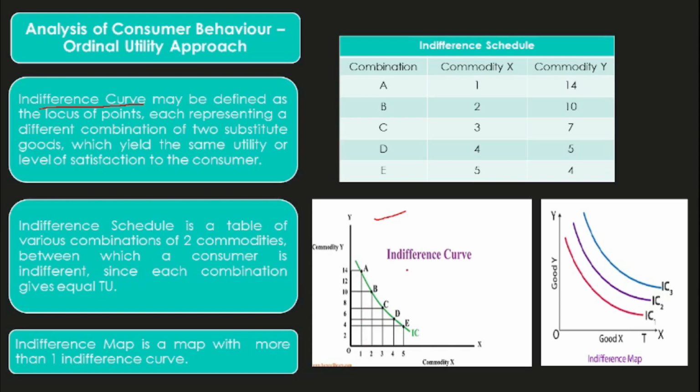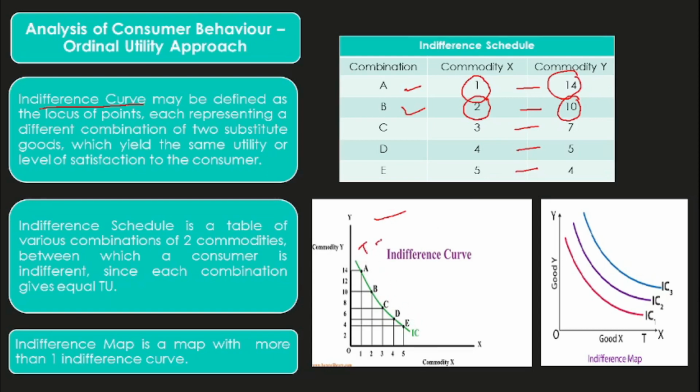It is called an indifference curve because no matter which combination a consumer utilizes, whether combination A, in which he uses only 1 unit of commodity X and 14 units of commodity Y, or combination B, in which he increases the consumption of commodity X by 1 unit and forgoes commodity Y by 4 units, or combination C, D or E, the total utility he derives is the same.